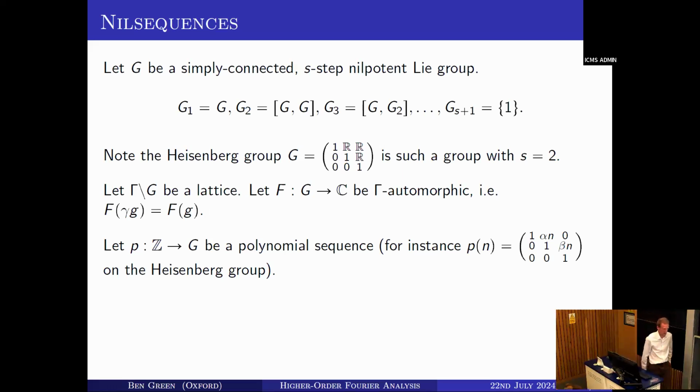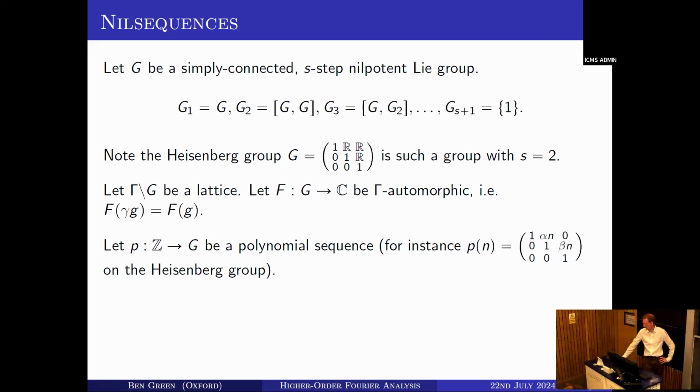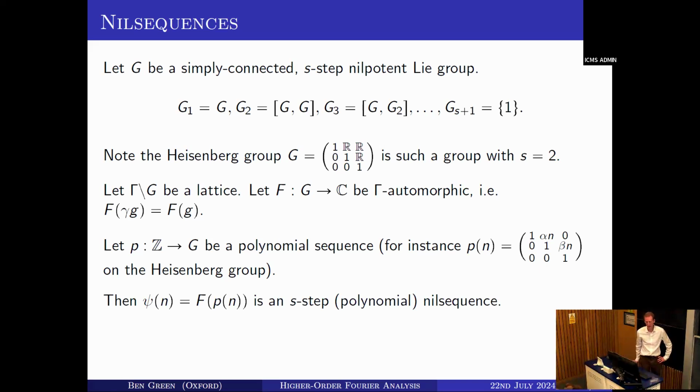I won't give the general definition, but the example I showed you on the Heisenberg group is an example of such: basically think of matrices with polynomial entries. In practice, you'll control the degrees in certain places as well, but it's roughly that. Then evaluate the automorphic function at the polynomial sequence, and that's what we call an s-step polynomial nil sequence.